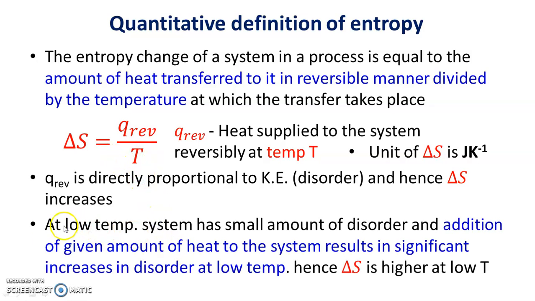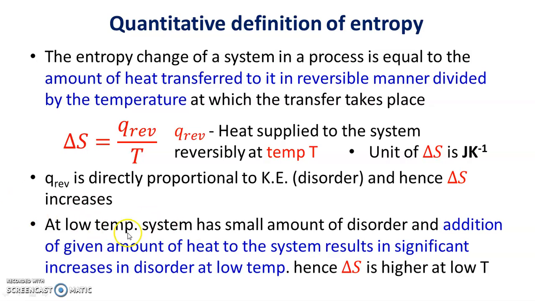The meaning of this is, at low temperature, the system has a small amount of disorder. Actually, disorder depends upon temperature, and as temperature increases, kinetic energy increases, and therefore randomness increases, entropy also increases. There is no doubt.